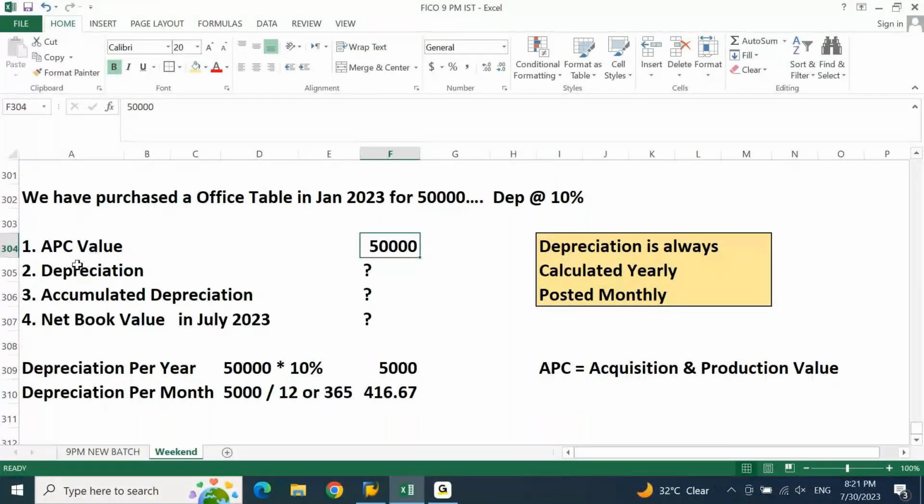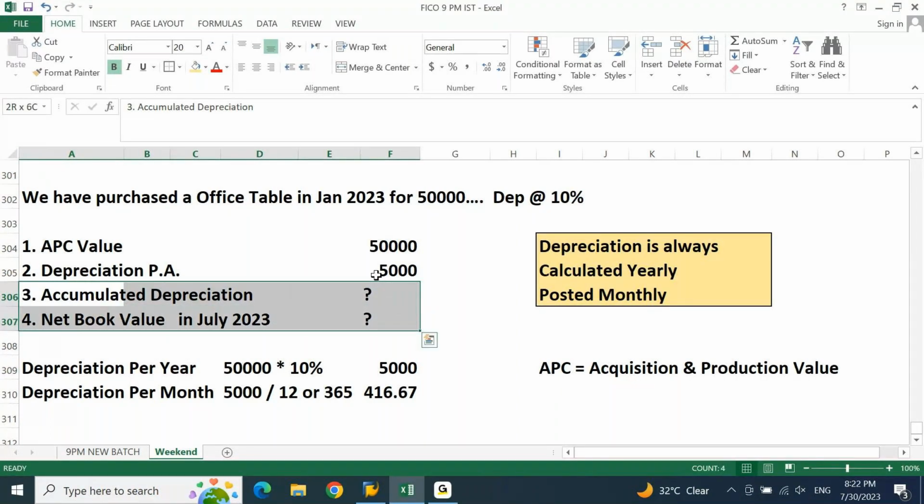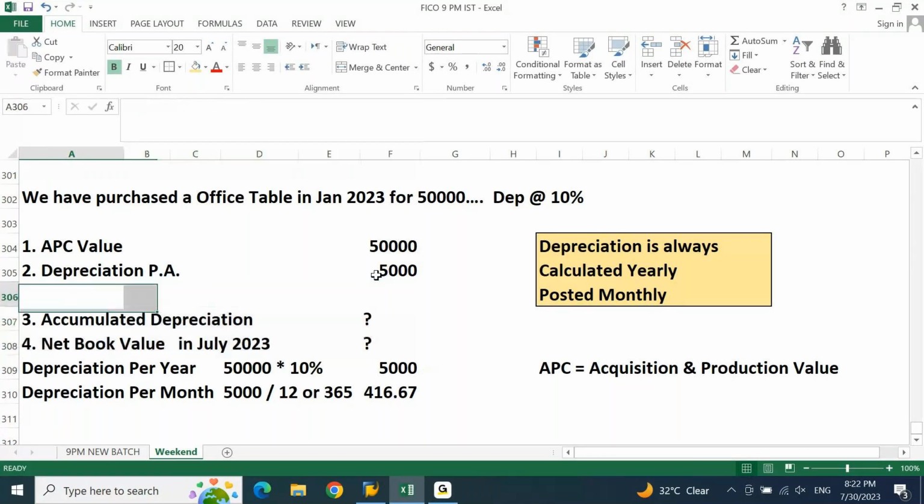When I'm talking about depreciation, I am always talking about depreciation per annum here. Let me put depreciation per annum. So what will be the depreciation per annum? It is 5,000. Next, I have listed accumulated depreciation, and apart from that, let me put one more point: depreciation monthly.